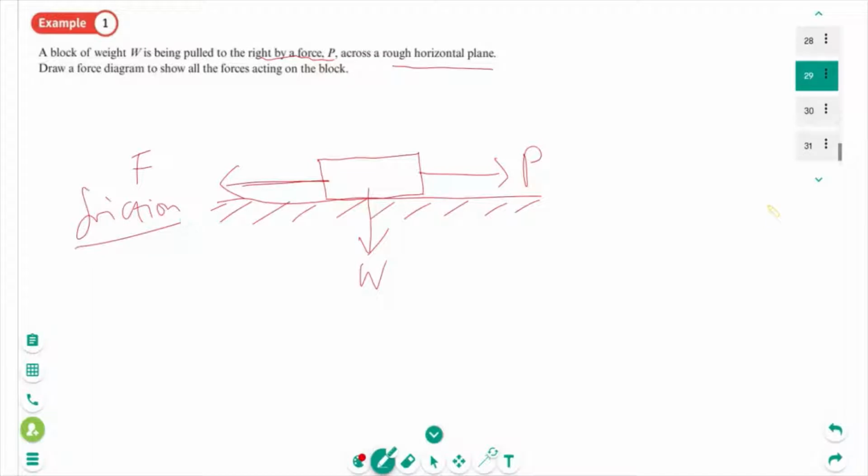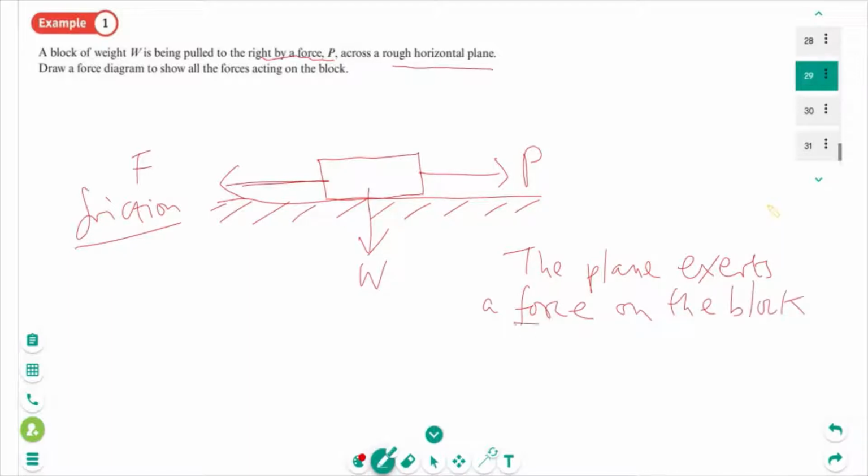The last force is something you may not have come across before. If the body is sitting on the plane, this body does not fall through the plane. So that means the plane must be exerting a force on the body, and that force acts upwards.